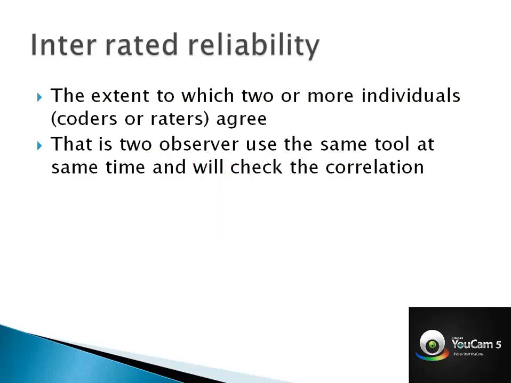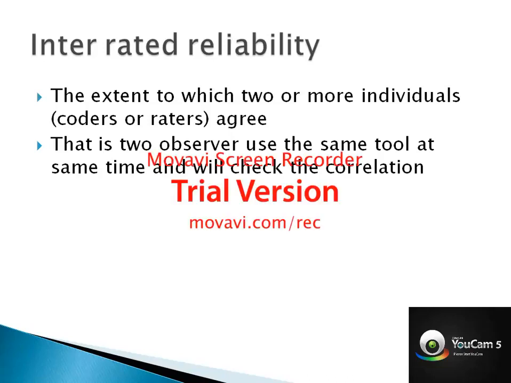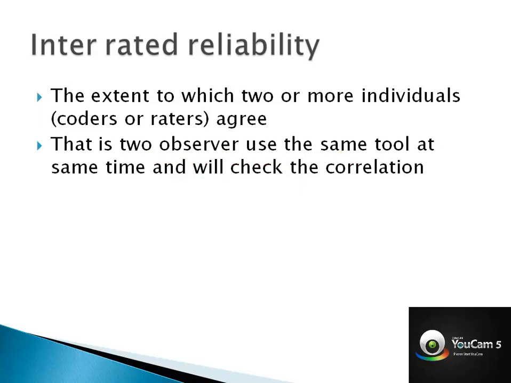The next one is inter-rater reliability. So what happens, your questionnaire will be given to 2 or 3 people, and everyone will do the data collection and see whether all their data collection brings out the same quality of reliable results. Because some of the instruments, if you prepare, you will be efficient, but the other observer may not be efficient in using it.